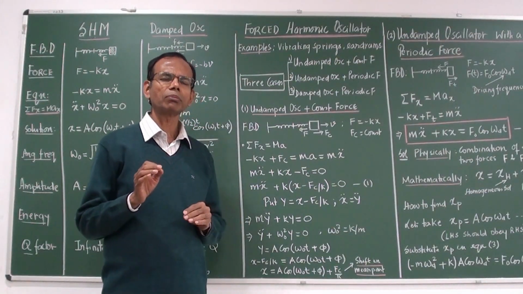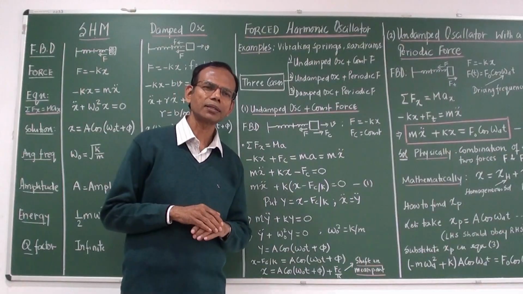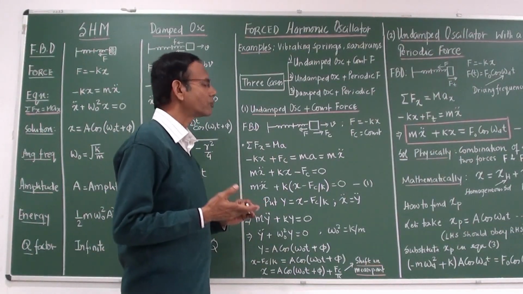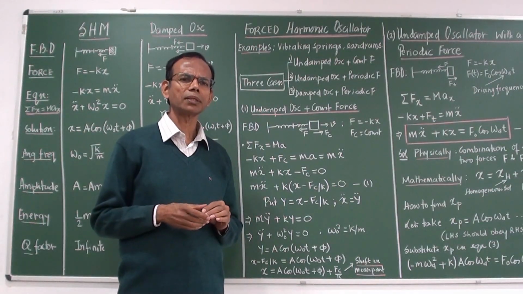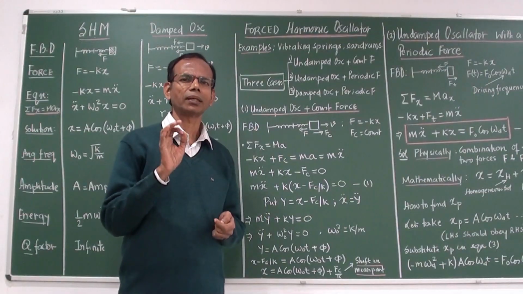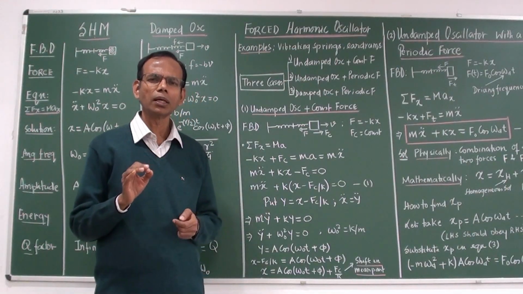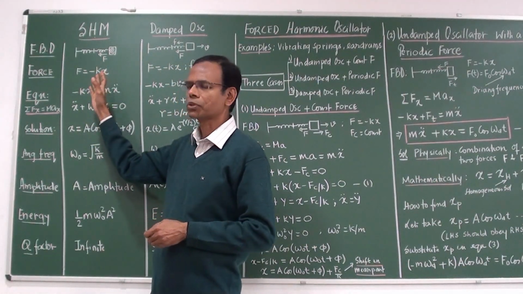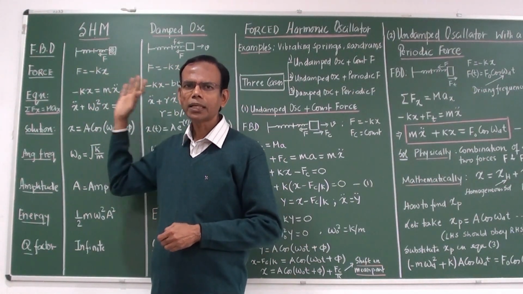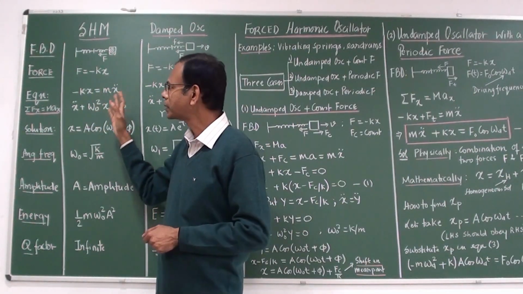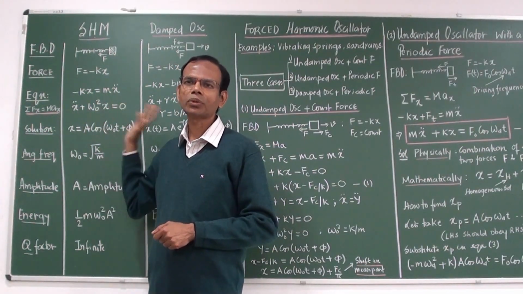But what we have to remember, when we are studying either simple harmonic or forced harmonic motion, is that there are certain fundamental concepts. For example, what we do here is write down the forces acting on the body, and then we write sigma Fx is equal to m x double dot.